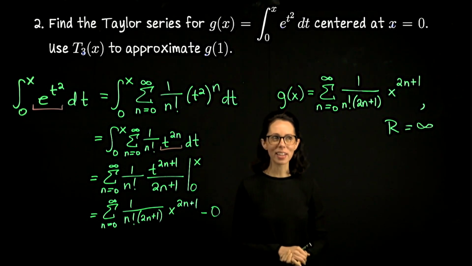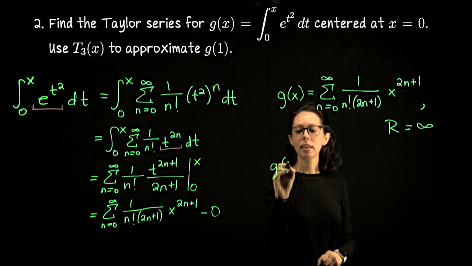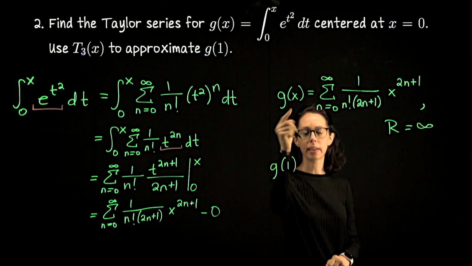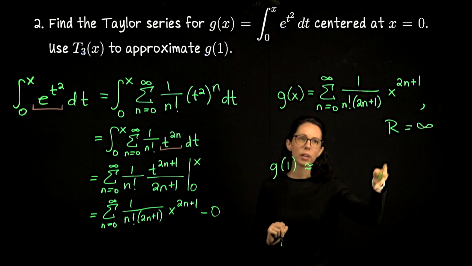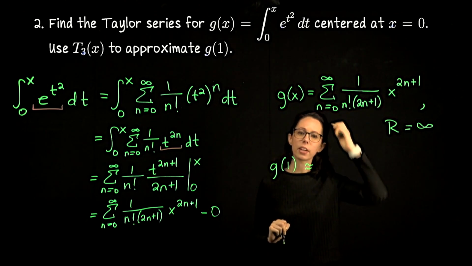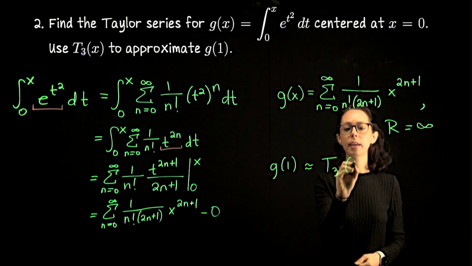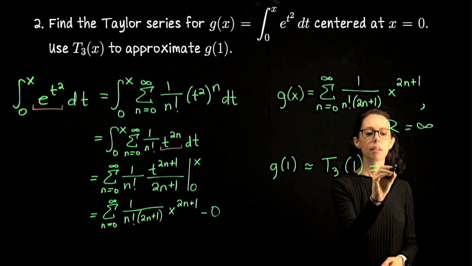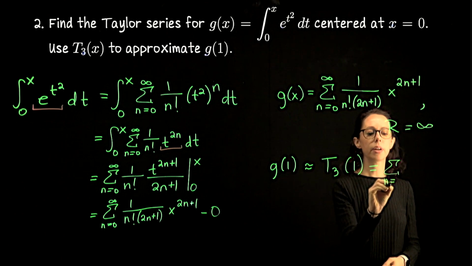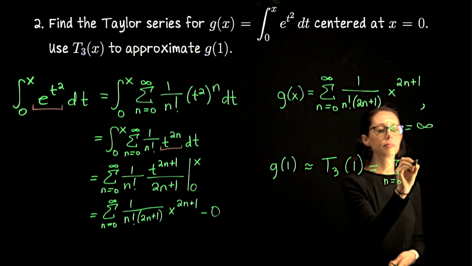But that's not that easy to work with either. So instead, what we will say is g of 1, setting x equal to 1, is approximately a partial sum for this series. And I've chosen here the Taylor polynomial T sub 3, which means add up from n equals 0 to 3, this expression with x equal to 1.